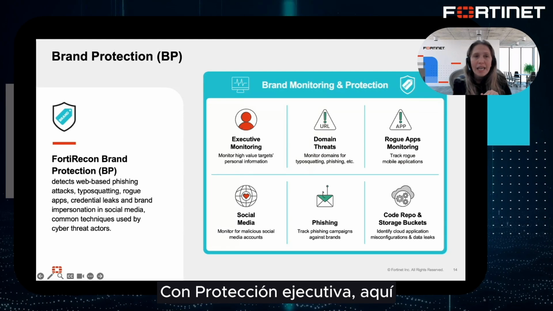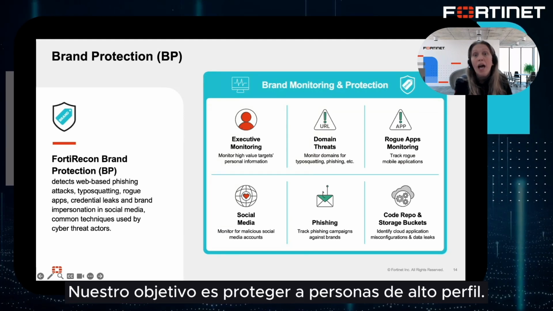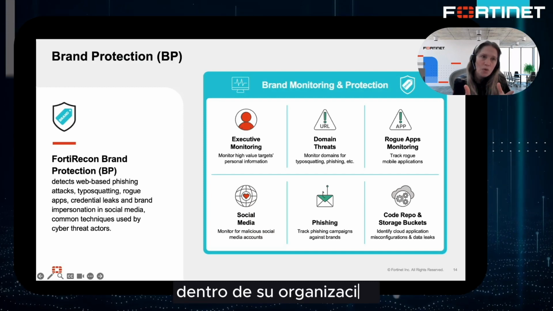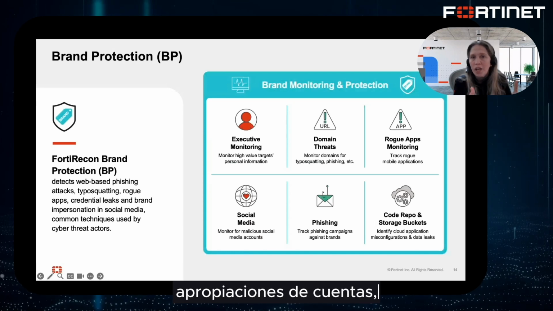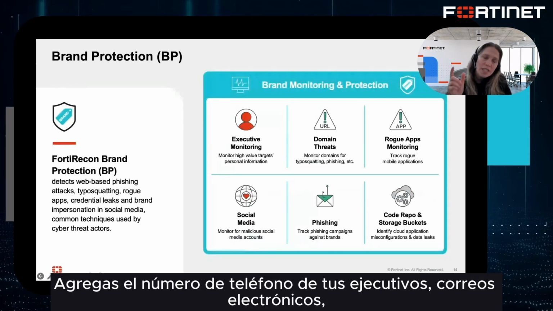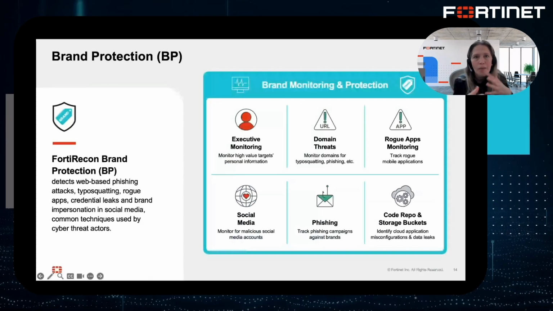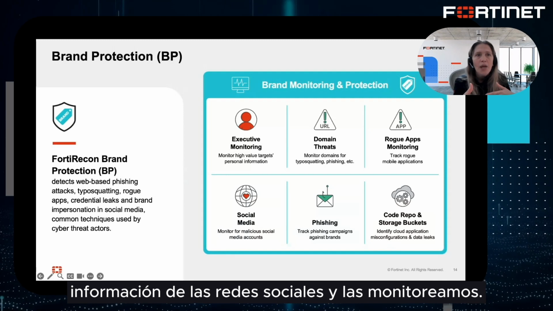With executive protection, our goal is to protect high profile individuals within your organizations from phishing attacks, impersonations, account takeovers, data leaks, and more. You add your executive phone numbers, emails, private emails, social media information, and we monitor them.